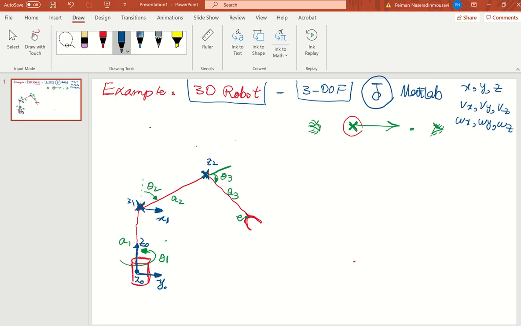So it's going to be X1 based on whatever I taught you about the DH parameters. Now, based on the right hand rule, you just put your thumb in the Z direction.